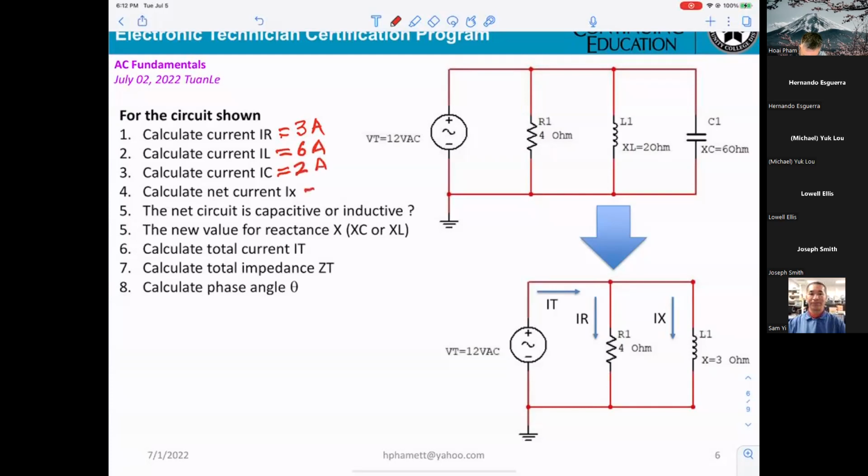And IX equal 4 amp. And the net circuitry will be inductive. At least we go up to that point.